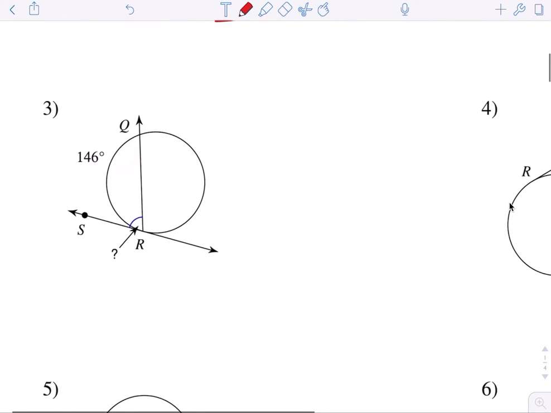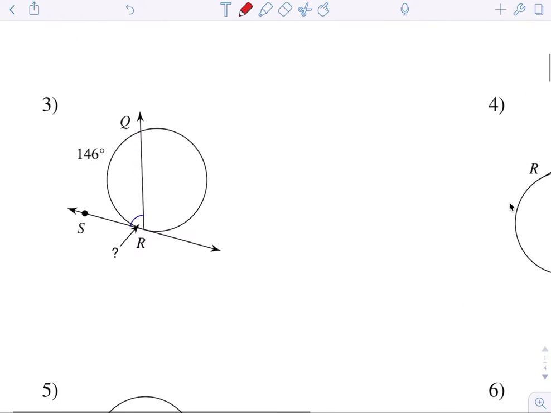Okay, number 3. So remember, this arc right there, arc QR, 1/2 of arc QR is equal to the angle measurement, angle SRQ.